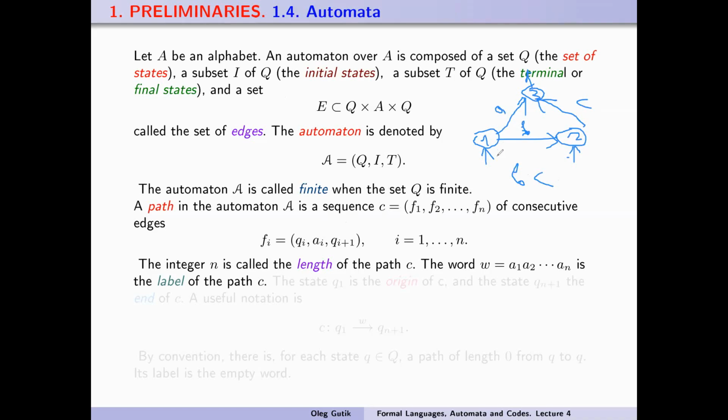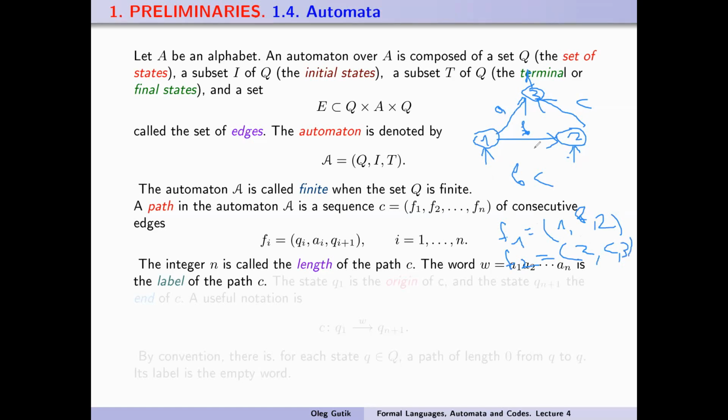So this path consists of the states 1, 2, and 3, and we can write the sequence f1. What is f1? f1 is equal to (1, b, 2) in our case, and f2 is (2, c, 3).